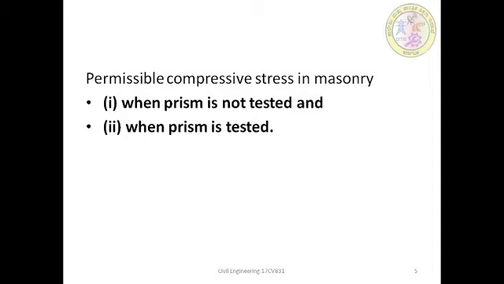Now as far as the permissible stresses are concerned, permissible compressive stresses in masonry shall be based on the values of basic compressive stress, that is fb, which is based on two approaches. The first one is when the prism is not tested, and the second is when the prism is tested. Now let us see the case when the prism is not tested, or the unit strength method.